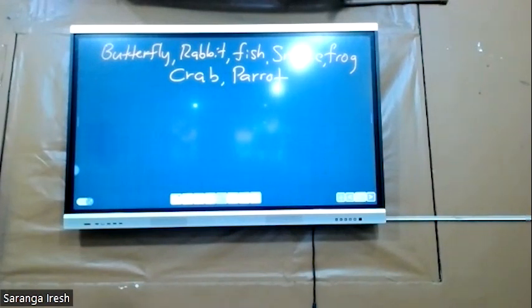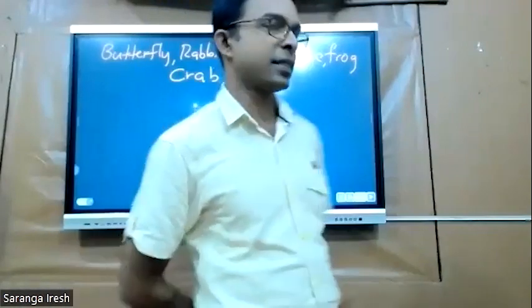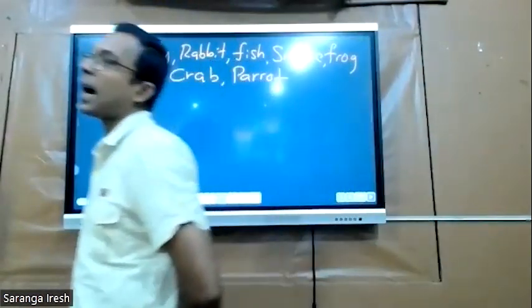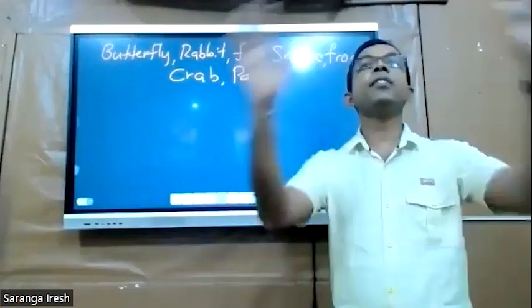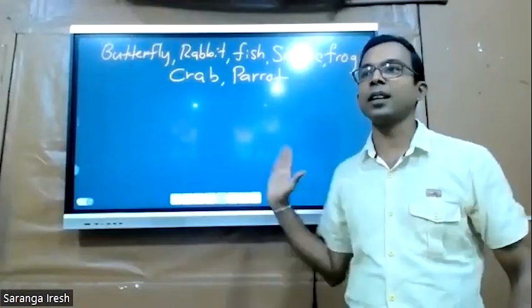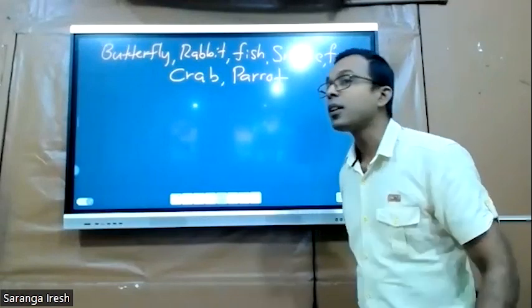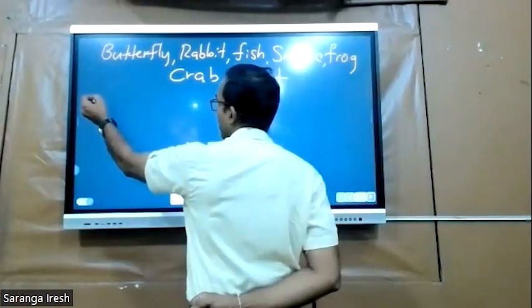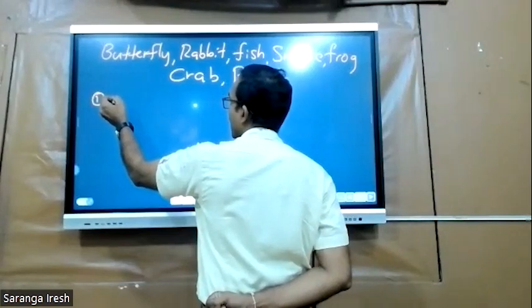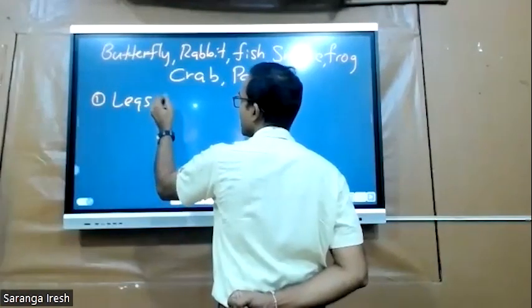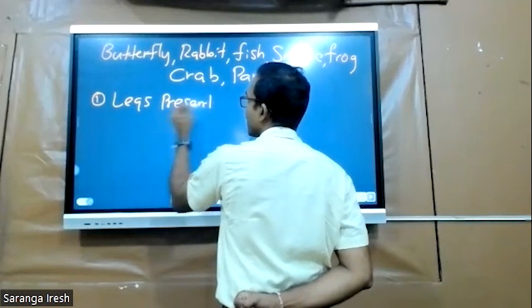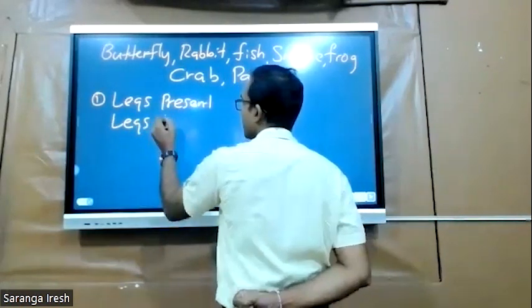Now tell me two statements to classify these organisms. But you have to use only the outside body features to classify. First one, legs present, legs absent.